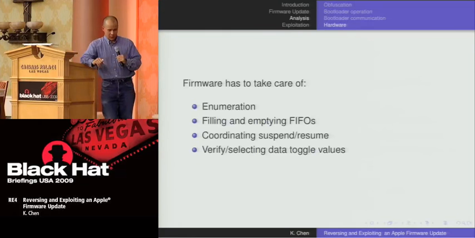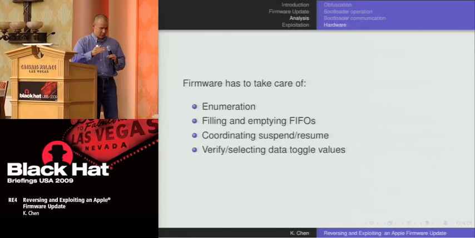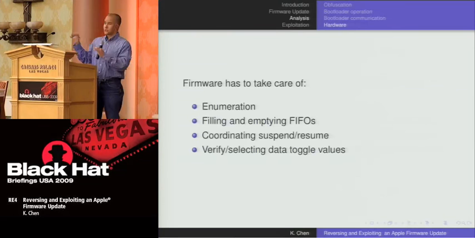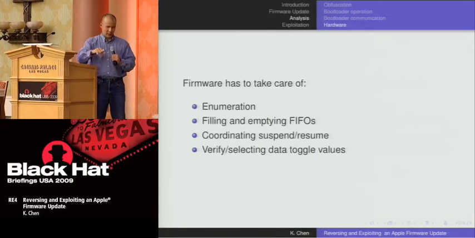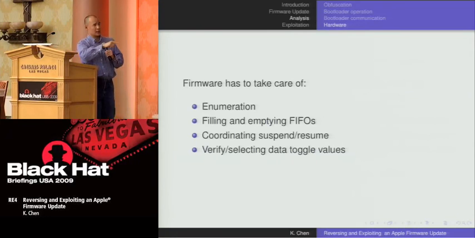In USB, time is divided into periods of 1 millisecond, called frames. If you have 3 or more consecutive frames with no activity, the device will slowly go to sleep, and we have to take care of that. And verifying and selecting data toggles, we have to do that.